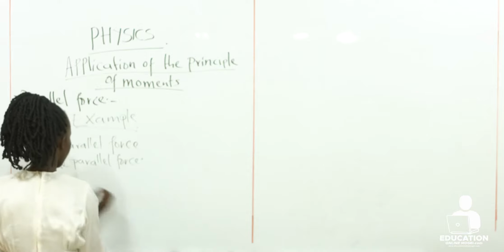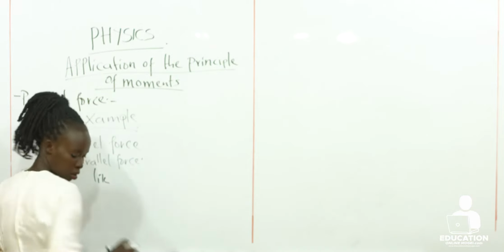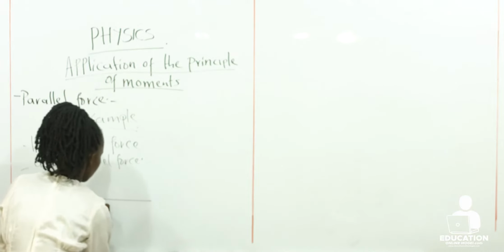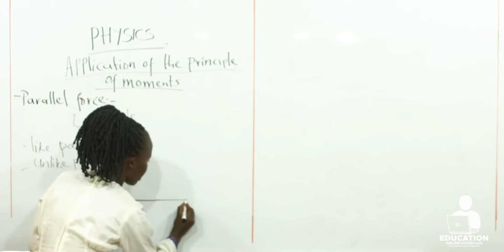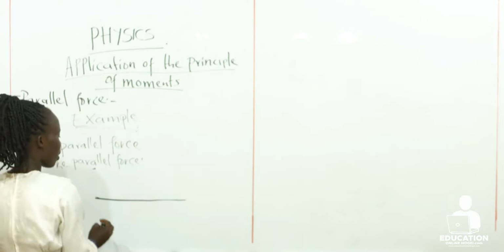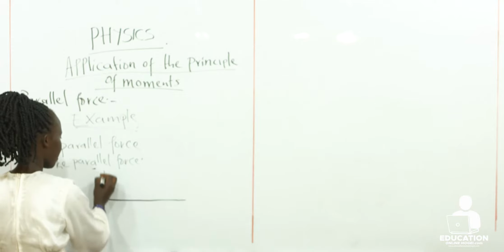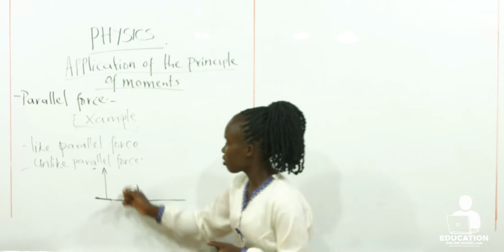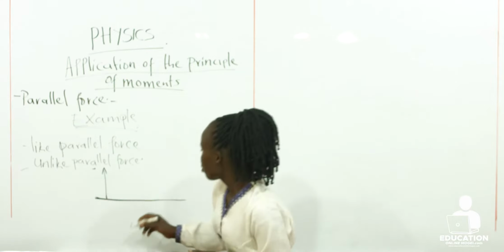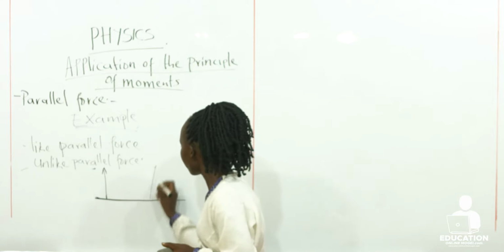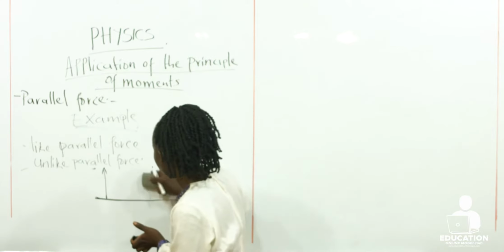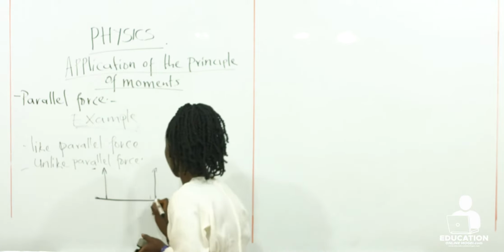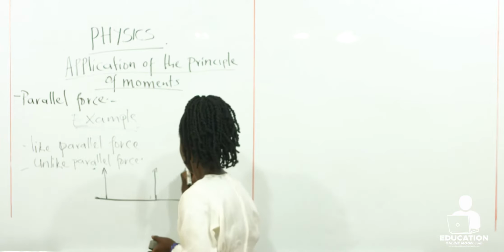For instance, let's look at this. We have a same plane here. We want to see how like parallel forces actually act. These like parallel forces all take the same direction. I assume this is our force, the one having an arrow at the end. If we have this, that is another force. Force is acting in a straight line. So this is another force, and maybe we can have another one right here.